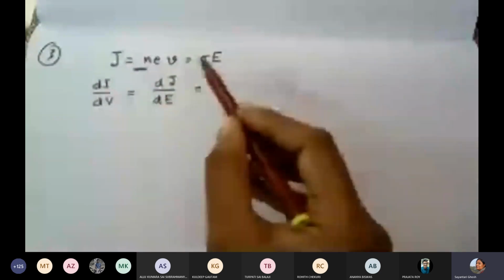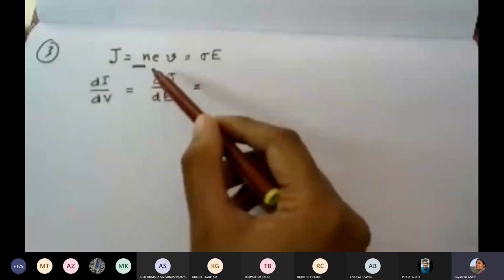Now let us use this equation that we have already written, J equals N e v, to figure out what dJ/dE is going to be. N is a concentration, e is the electronic charge, v is the velocity, right? And both N and e are constants once you choose a material.